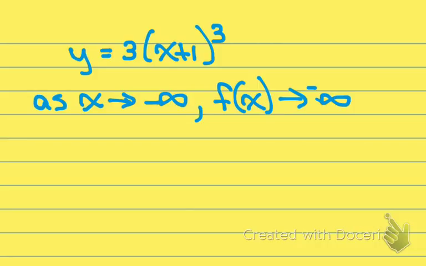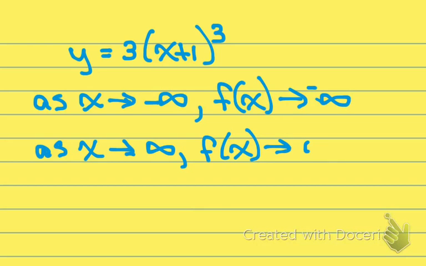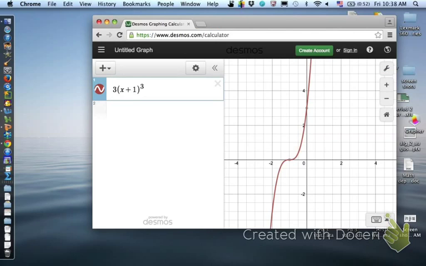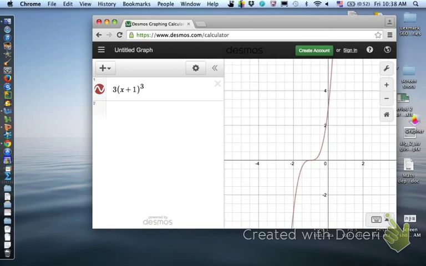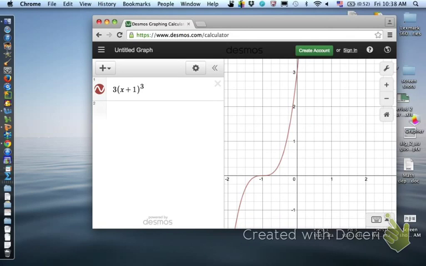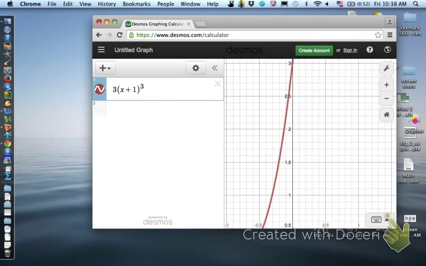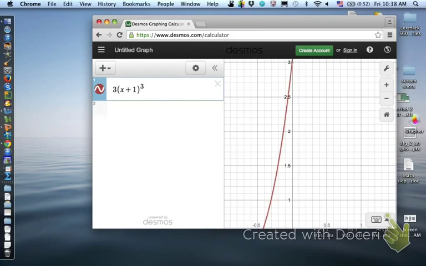And then on the right-hand side, it's going the opposite direction. So as x goes to infinity, f of x goes to infinity. Let's verify that by taking a look at the graph one more time. As we move over here, we're noticing that our y value is increasing.